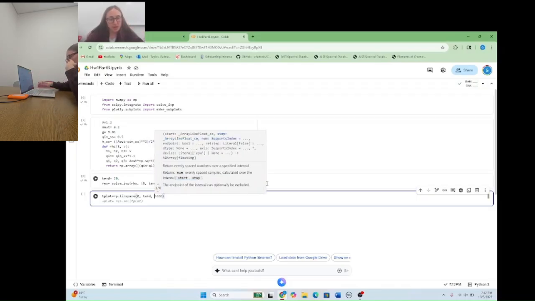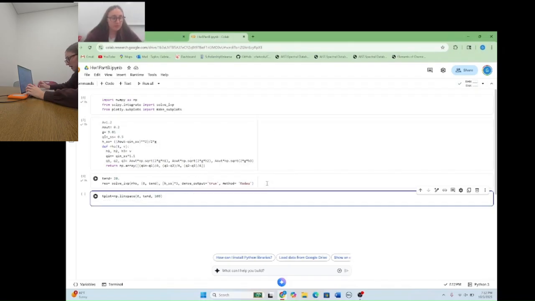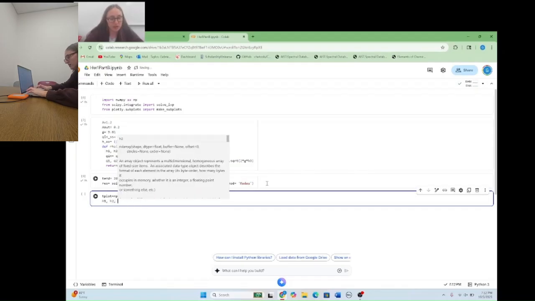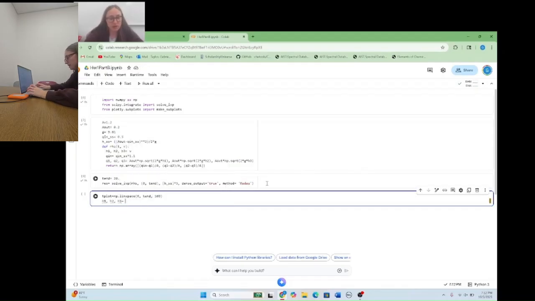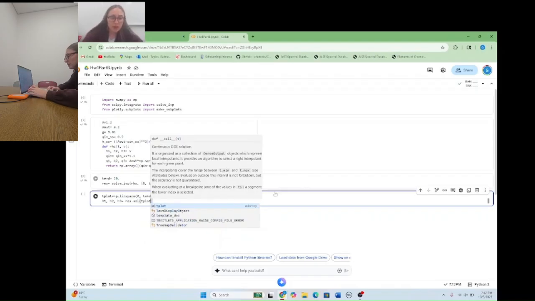And we want to split that into how many increments? 100. So that's going to be our time graph. So now we need to use our resolution to solve for it. So we have height 1, height 2, height 3, right? So now we need to solve for it. So res.sol, and then we're going to use our time plot for that.